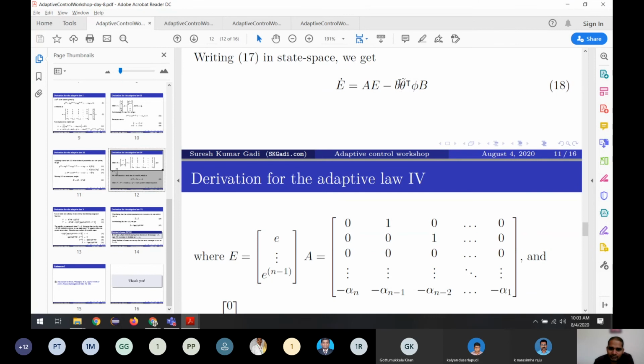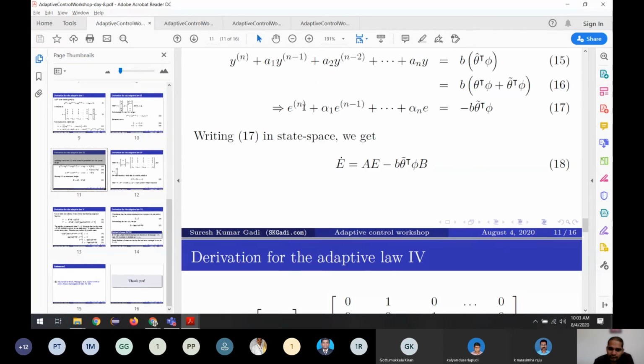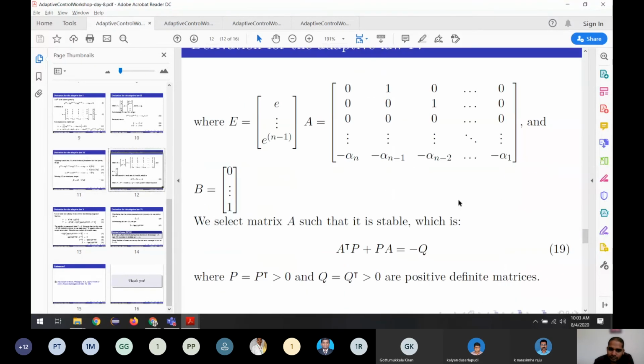And the B is only affecting the last one, so all will be 0 and only the last one is 1. So if you see our second order system differential equation, we got this matrix and this matrix.